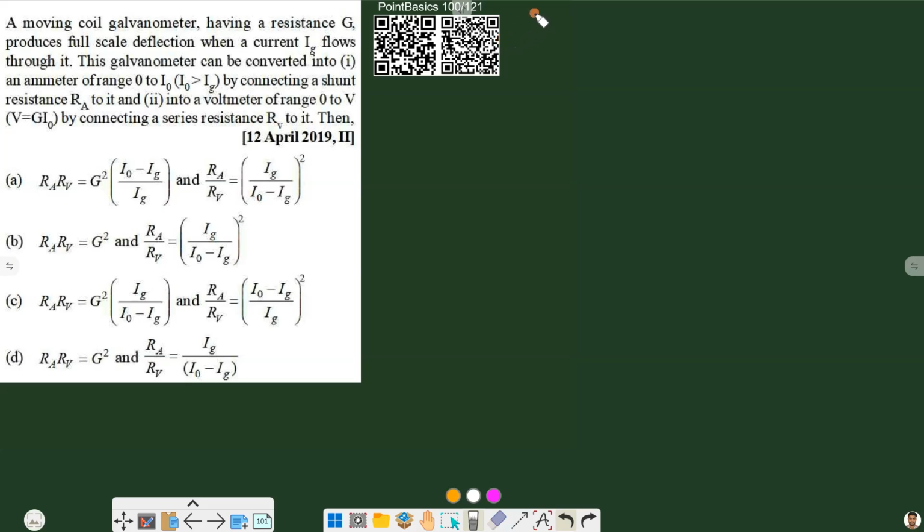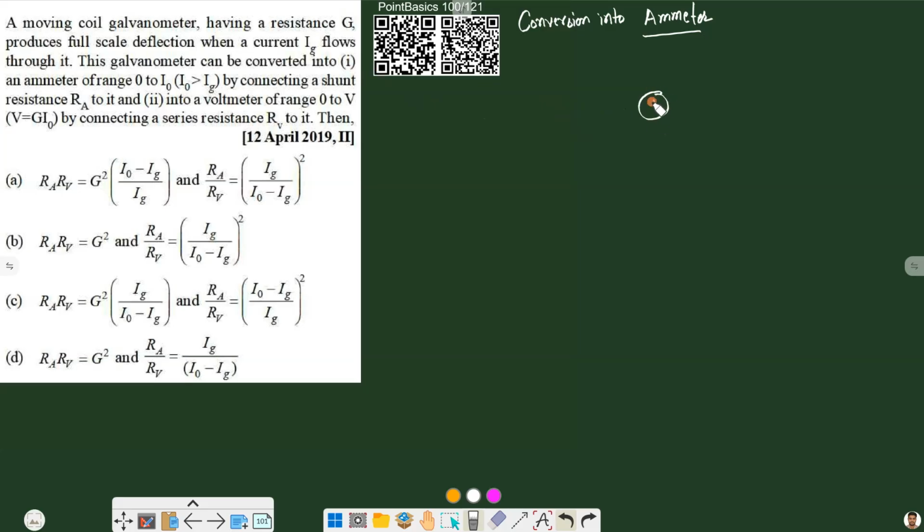So first, conversion into ammeter. So we have a galvanometer and its full scale deflection happens at Ig.